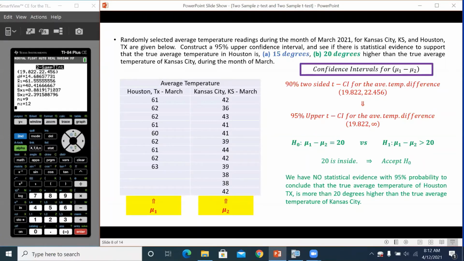Yes, 20 is inside of the confidence interval, i.e., we accept the null hypothesis. Accepting the null hypothesis means the data do not support the alternative, i.e., the interpretation is we have no statistical evidence with 95% probability to conclude that the true average temperature of Houston is more than 20 degrees higher than the true average temperature of Kansas City.